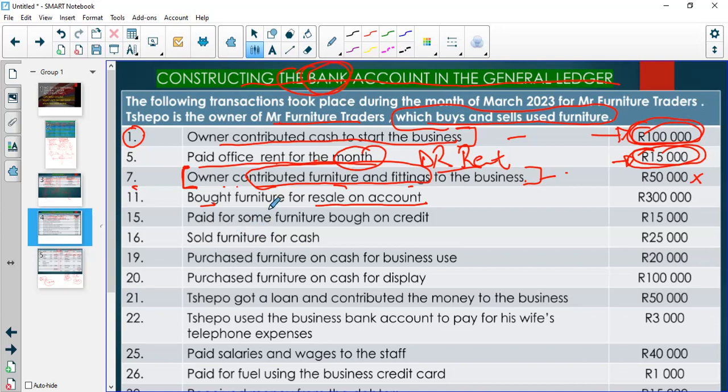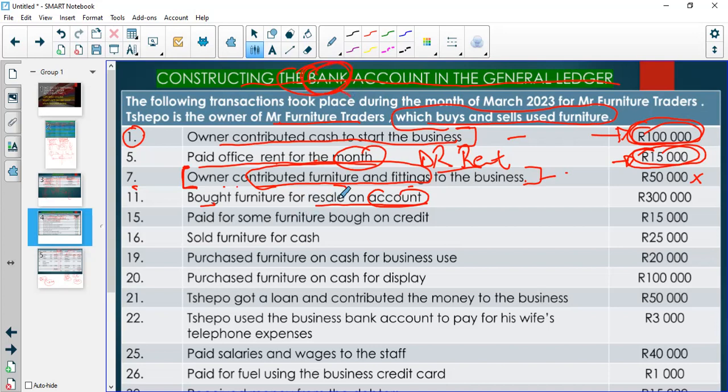Now, this is something a bit interesting, and I will explain how that works. So we bought on account, which means we did not pay cash. If we didn't pay cash, it doesn't affect our bank balance. So we're not going to be recording it in the bank.